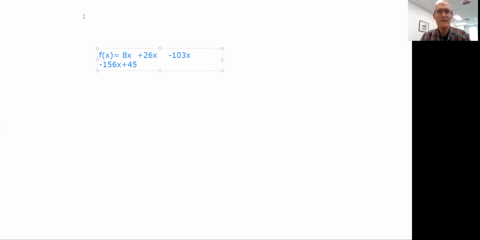If I go back in and put in the exponents, this is 8x to the 4th power, this is the 3rd power here, this is the square here, and then I have the 1st power.